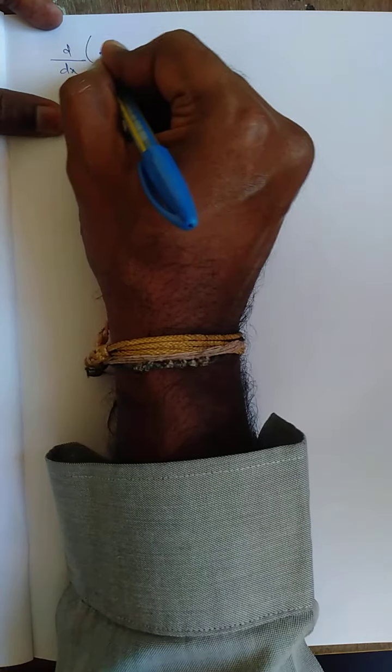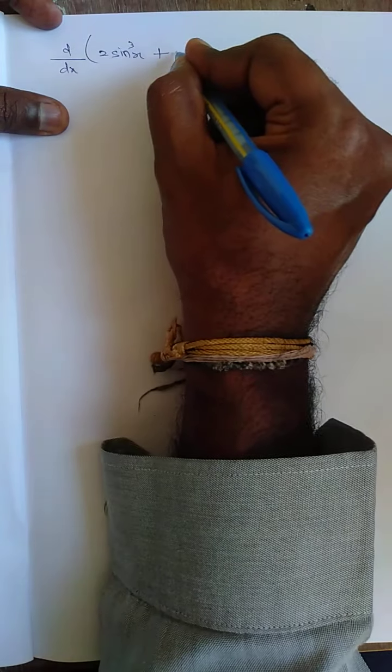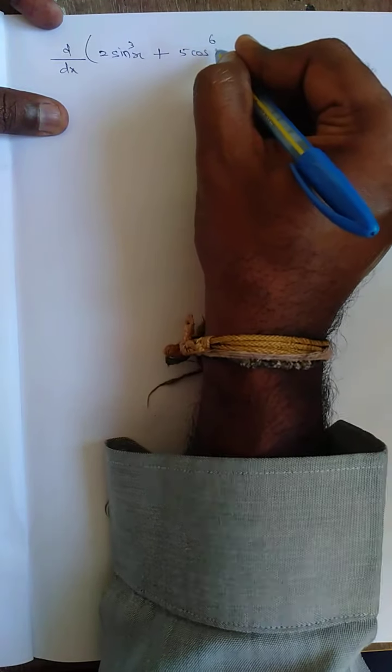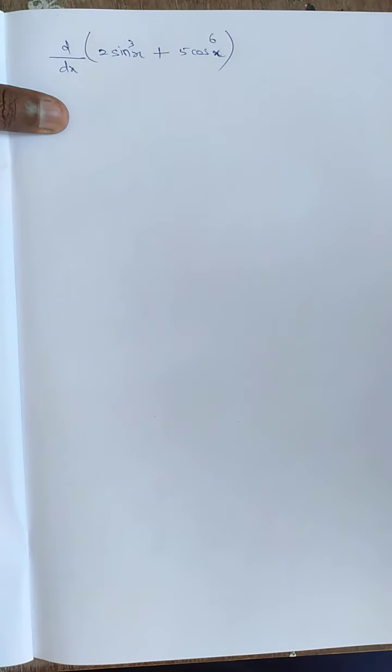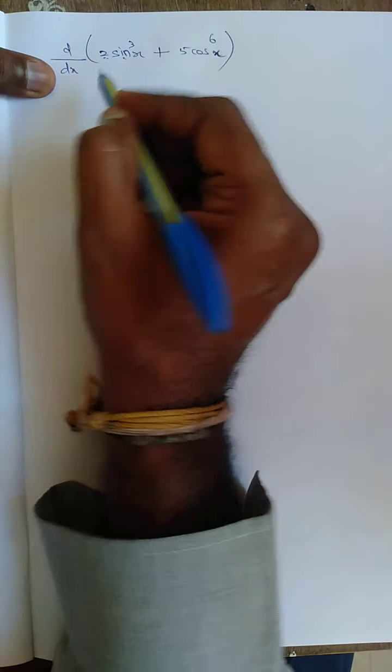Differentiate 2 sin cube x plus 5 cos power 6x. Listen very carefully. These are both terms. Otherwise, I will add one.